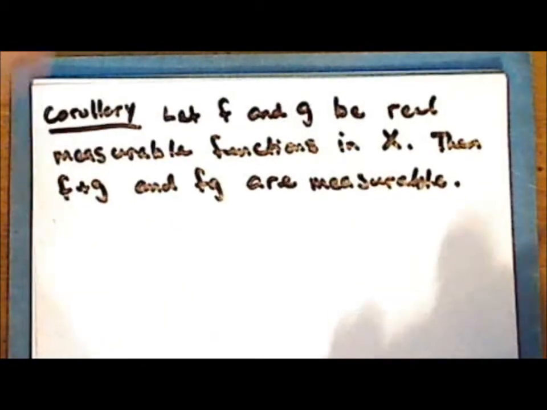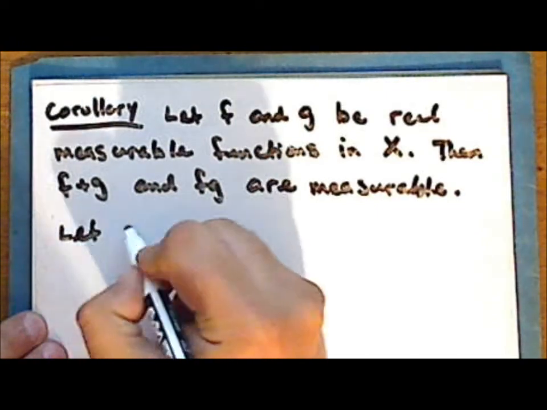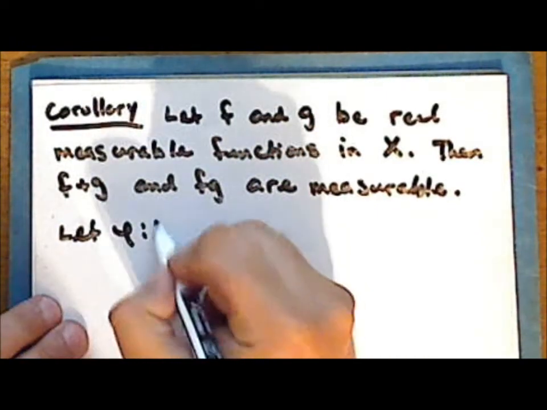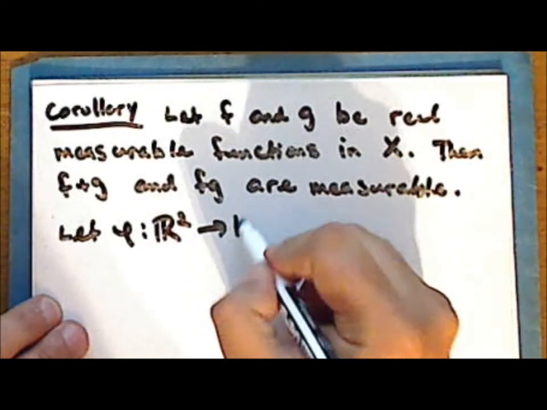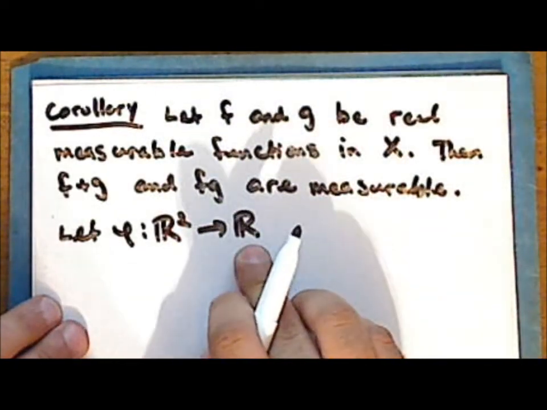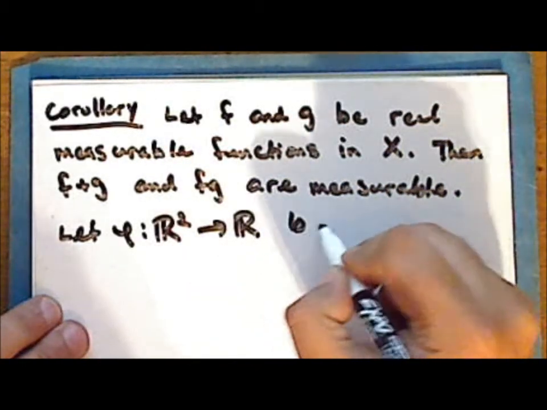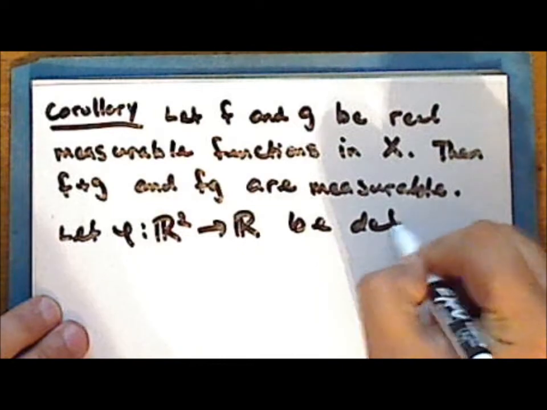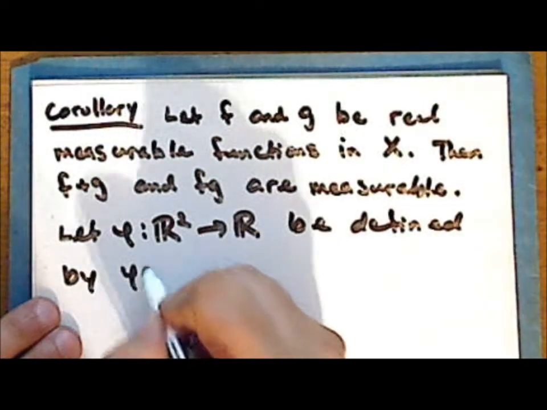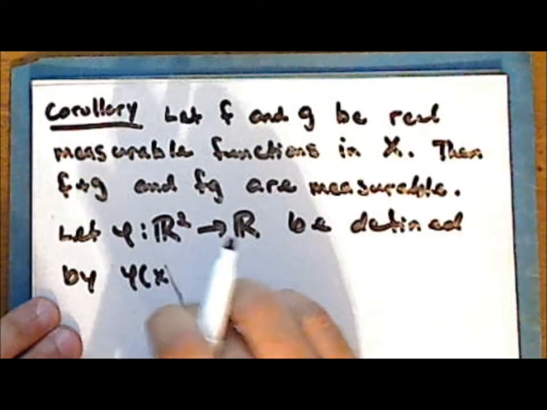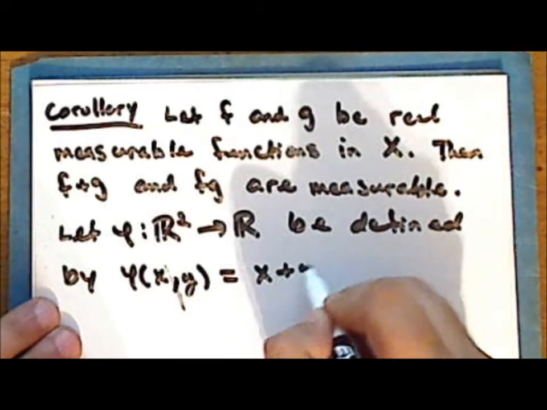Okay, so we're going to make use of the previous theorem. So we're going to define the function phi, which was the map from the real plane into, this time we choose for that second topological space to be the real line, and we'll let phi be defined by phi of (x, y), which takes as an argument the ordered pair, is the sum x plus y.